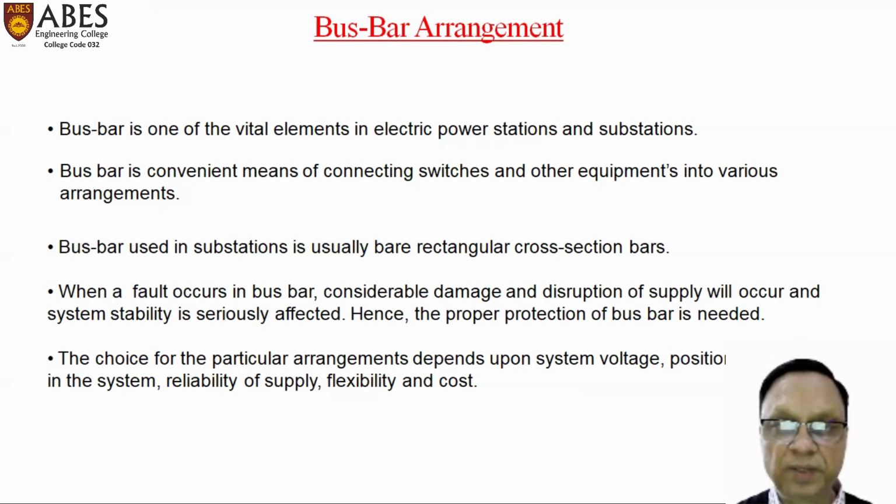If the bus bar is made to deliver 440 volts, any equipment added to that bus bar will always have an input supply of 440 volts. That we will see later in the arrangements, and I'll explain. It's very vital because it's very convenient for us to add electrical loads.